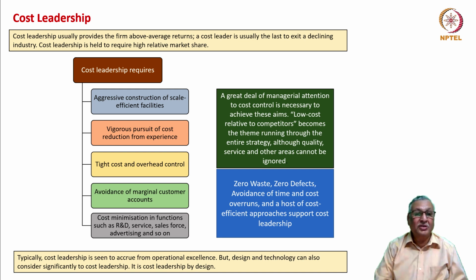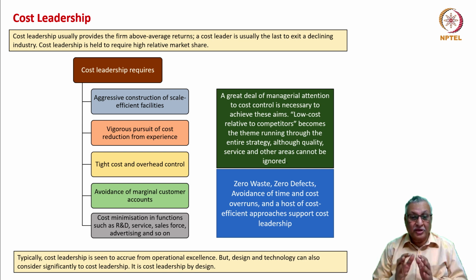Cost leadership requires aggressive construction of scale efficient facilities. In the manufacture of passenger cars, for example, anything below 100,000 cars per annum is uneconomic. Therefore, aggressive construction of scale-efficient facilities is the first criterion for cost leadership. Then, vigorous pursuit of cost reduction from experience. That is, the more you do, the higher quality you have and the lower cost you entail.